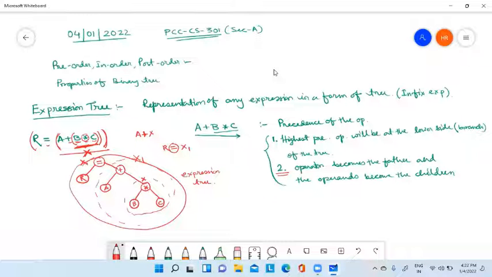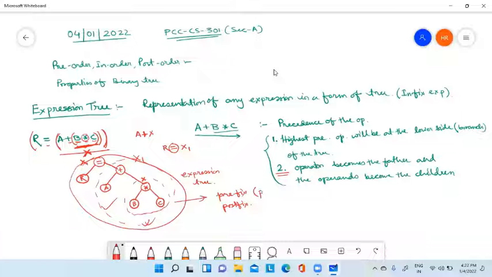Now see, if you are able to draw this expression tree, from this you can easily get the prefix expression and postfix expression. How? If you have this picture of the expression tree, then from that you can easily get the prefix and postfix expressions.